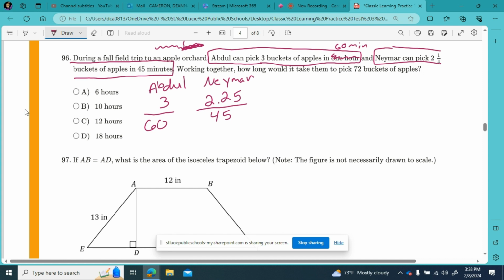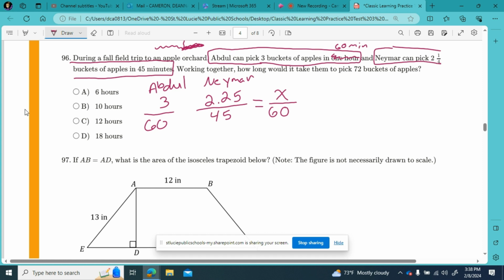And so I want to find out how many can Neymar get in 60 minutes so that I can see how many she gets in an hour right here.